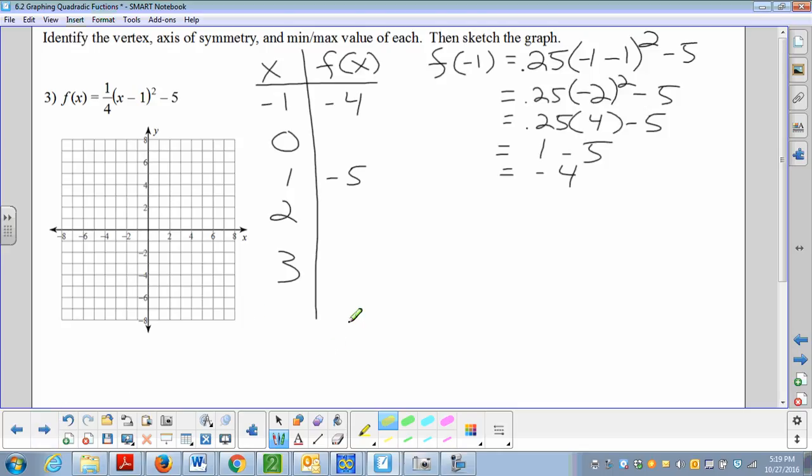Okay. Then I plug in -1 first. When I plug in -1, I get -4 as my answer here. A lot of people are more familiar with working with 0.25 instead of 1/4, and that's no problem.